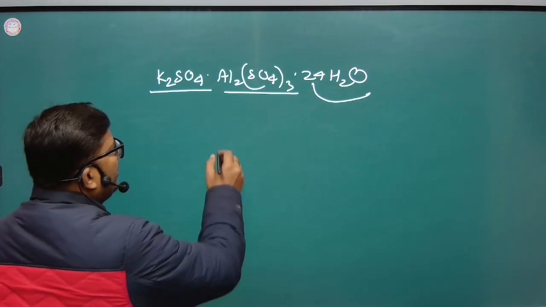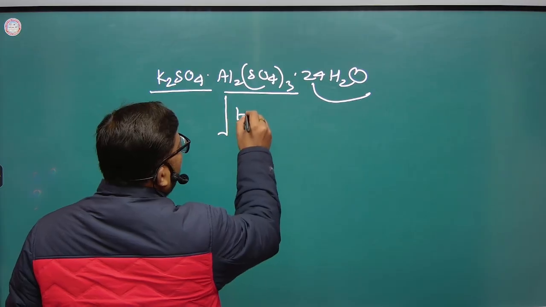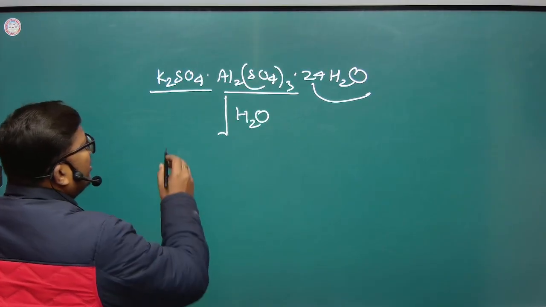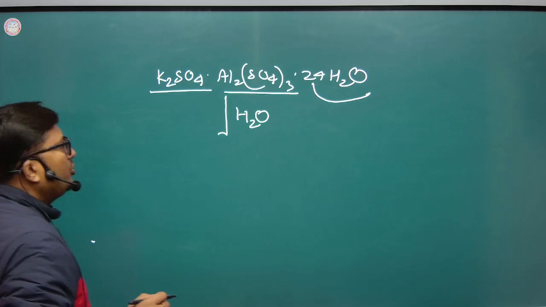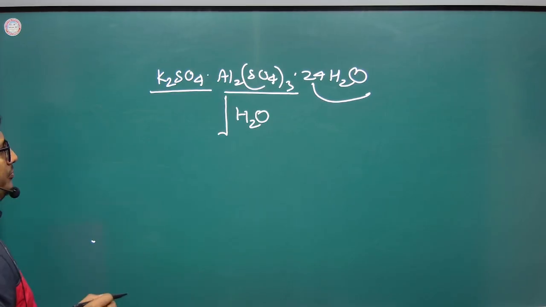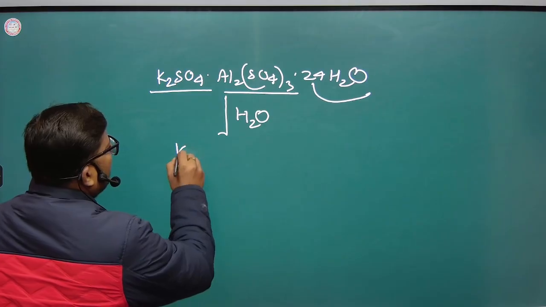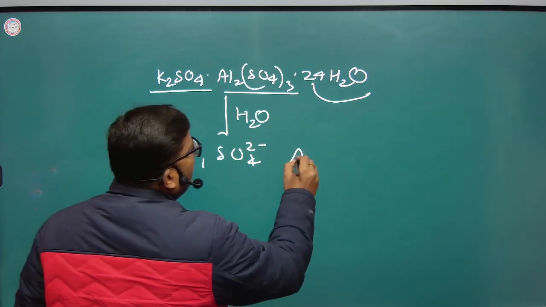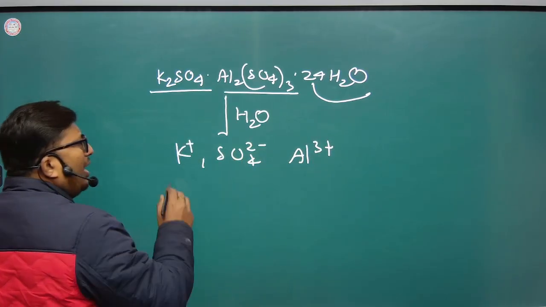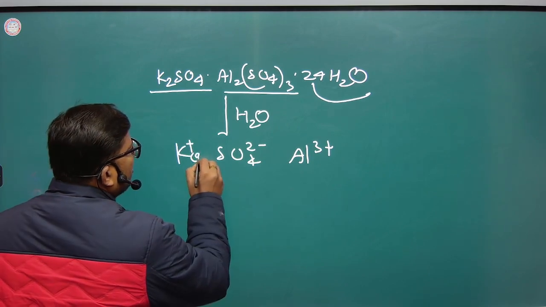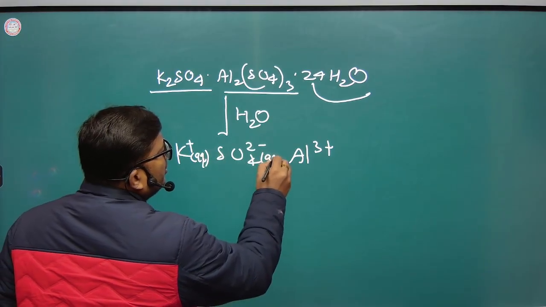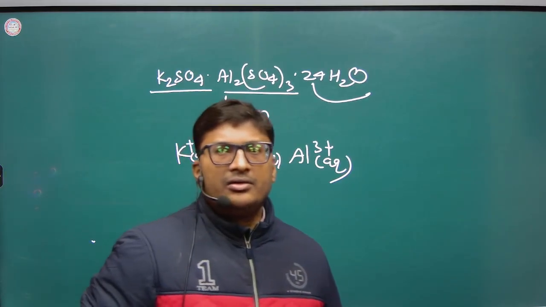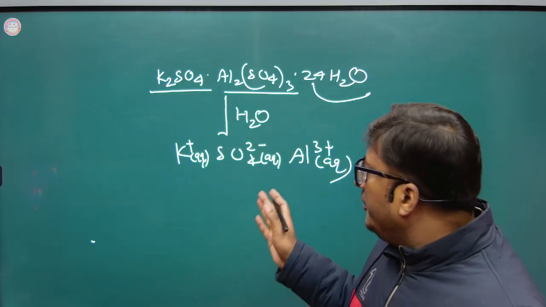But once this is dissolved in polar water molecules, what happens? All the salts contain positive and negative charges in the solution phase, so this gives K+, SO4 2- and Al3+. All these species are in the aqueous phase, whether it is a normal salt or a double salt.